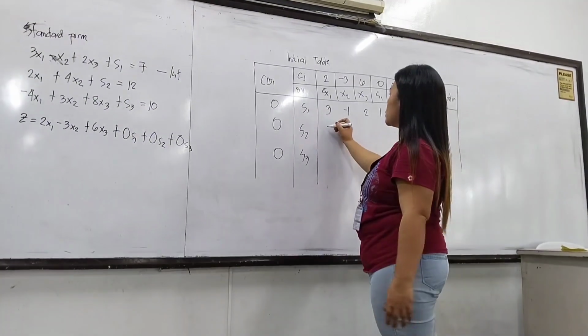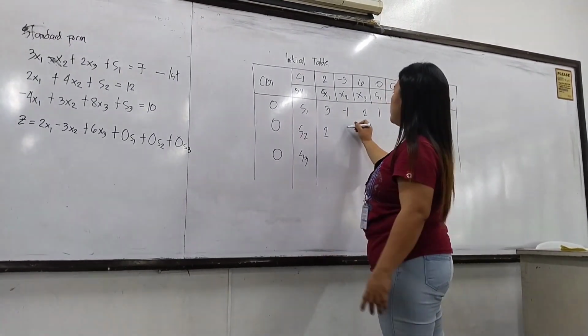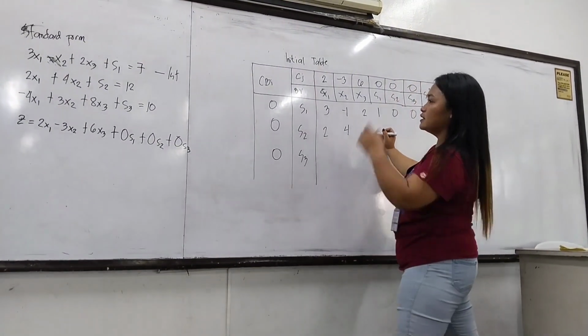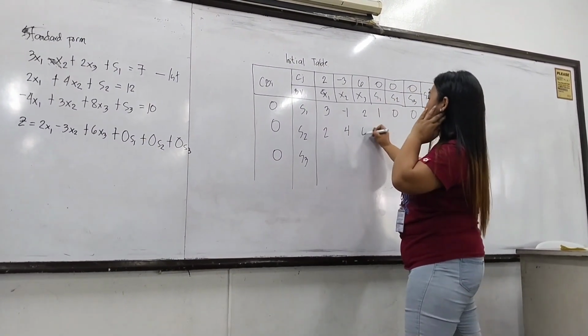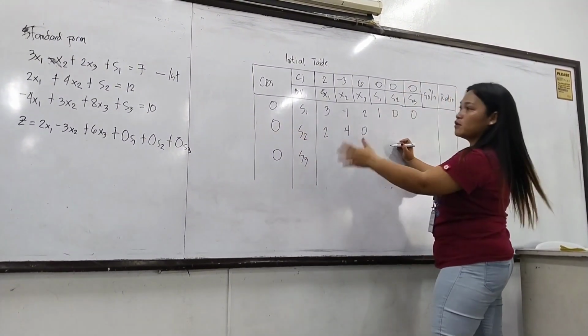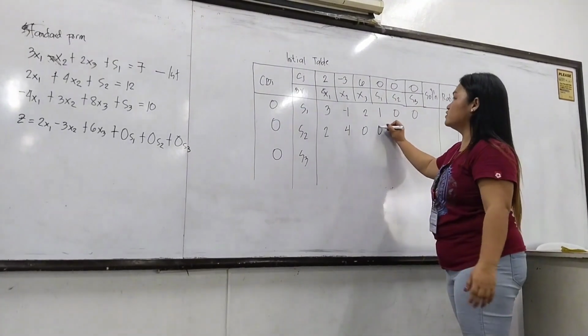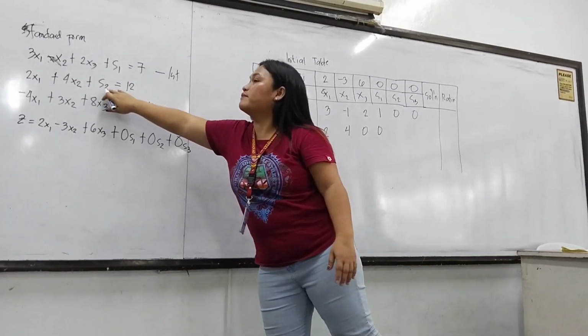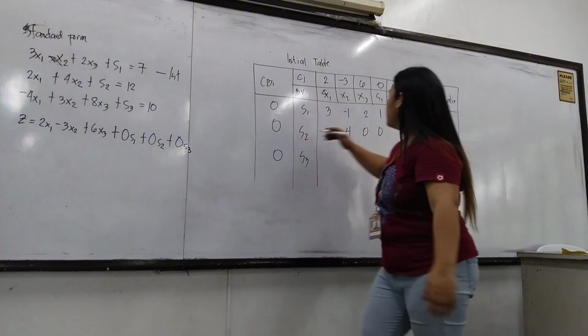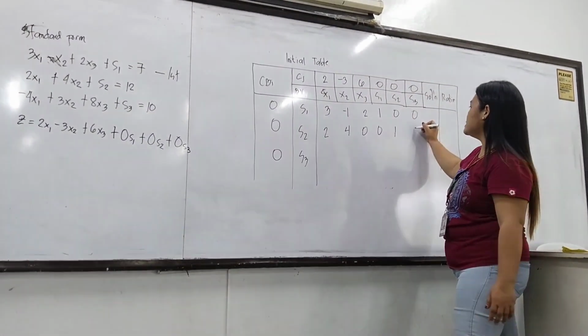Then the second, we fill up this table. So our x1 is 2, then 4. Then we don't have x3, so 0. We don't have slack variable 1 also, so 0. Then we have the slack variable 2, so we put here s2 is 1 and 0.